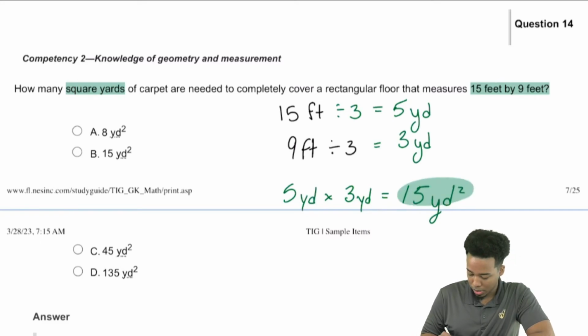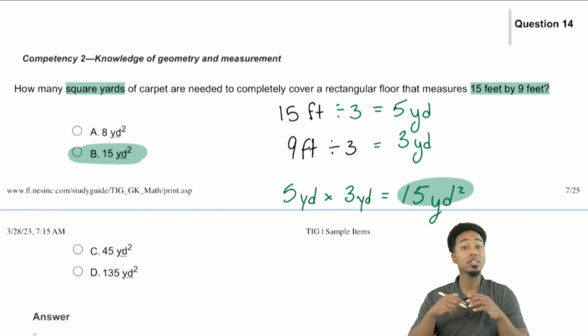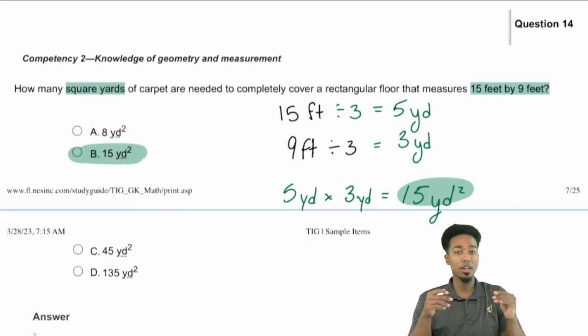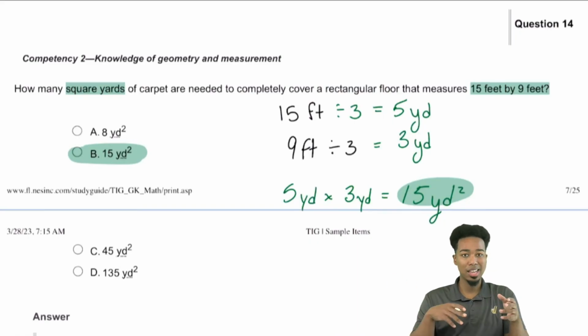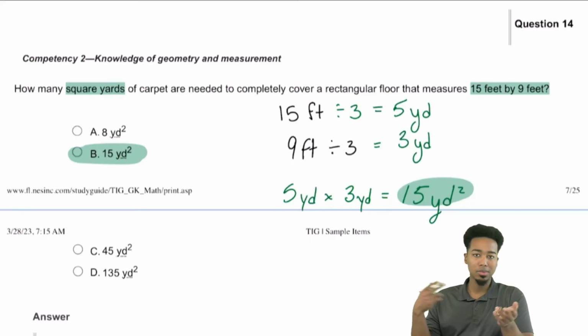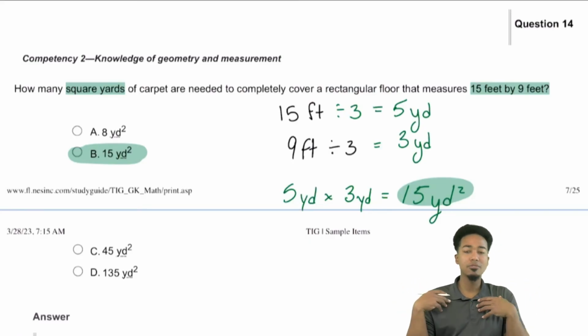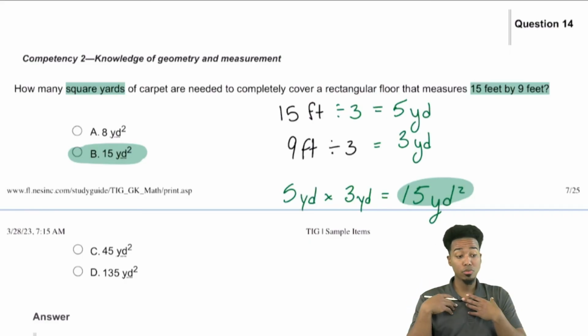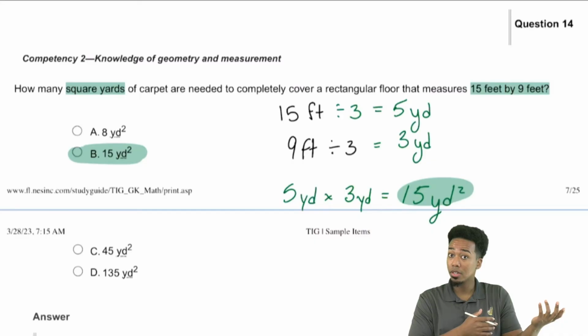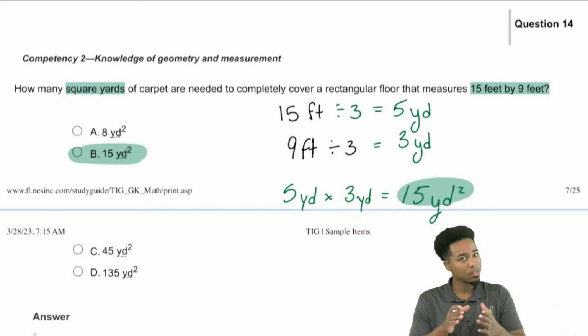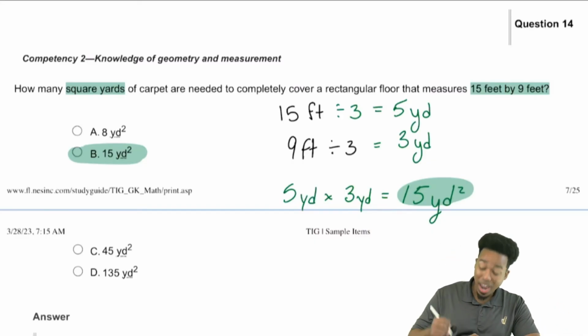Now, the biggest trick to this question, the common mistake that a lot of people make, is that they'll first try to multiply the 15 times 9. And once you have the 15 times 9, that's going to be 135 square feet. And then people will believe that, okay, I have 135 square feet, let me divide by 3 to convert it to yards. But that's a mistake, because it's square feet.